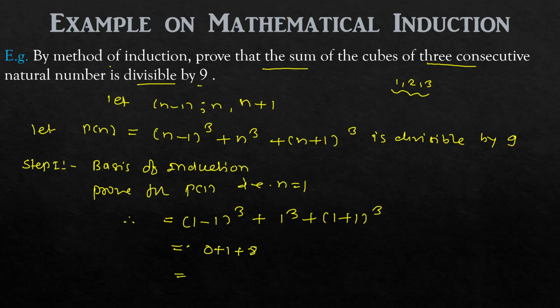So here we get 9, which is divisible by 9. Therefore P of 1 is true. Therefore P of n is true for n is equal to 1. Now go for step number 2, that is induction step.